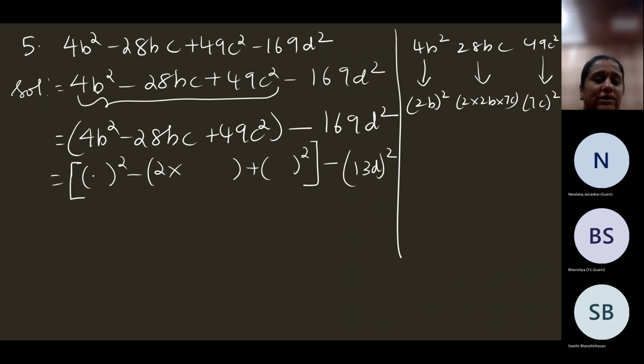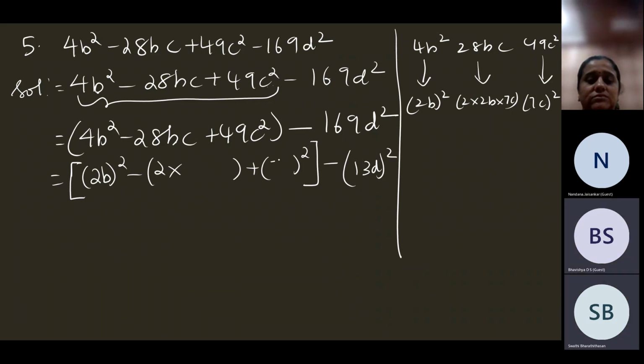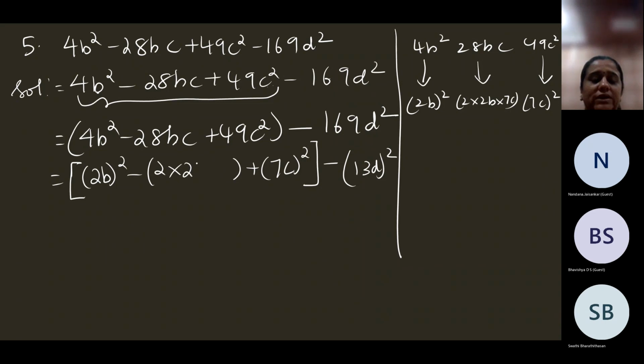So what will be here? 4b square is 2b, and 7c, so 2 into 2b into 7c.